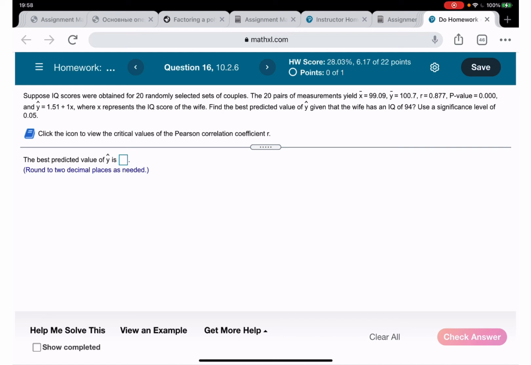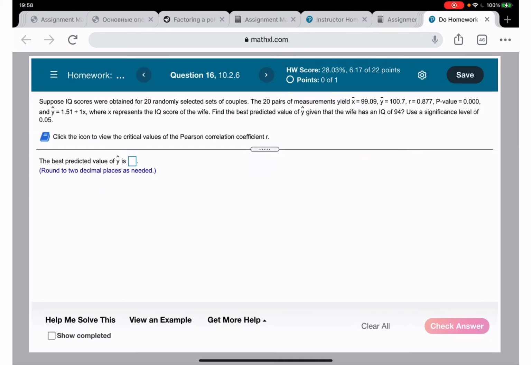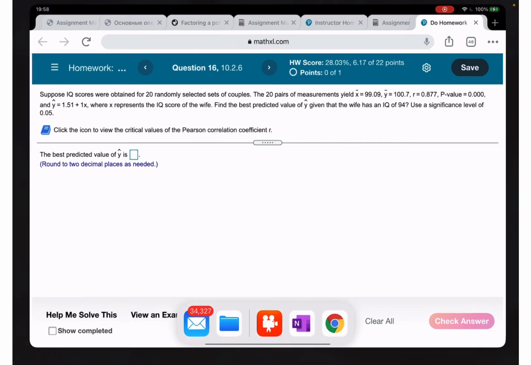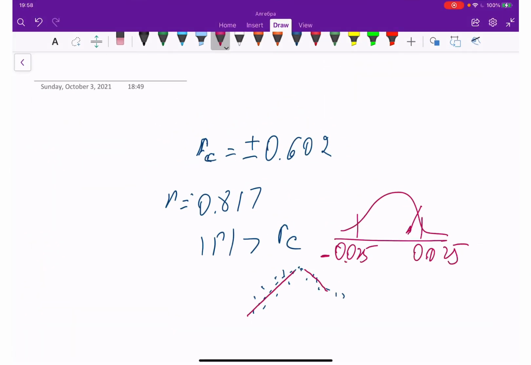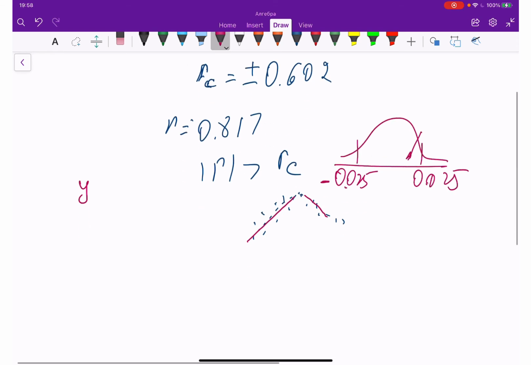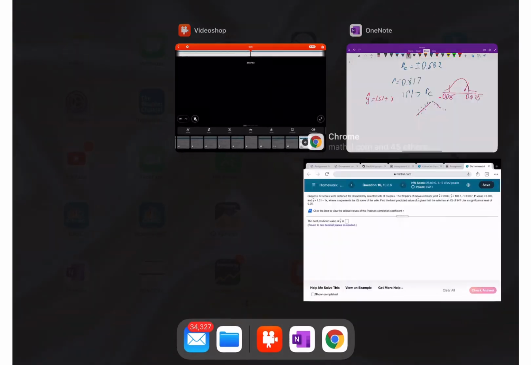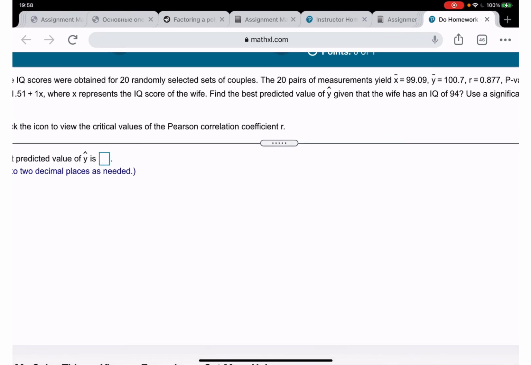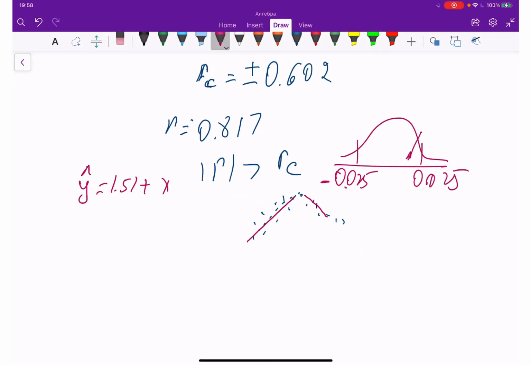And our equation for the predicted value is Y bar equals 1.51 plus x. And we said it was 94, right? Yes, 94. Okay, so let's do math. It's going to be 1.51 plus 94, which is 95.51.